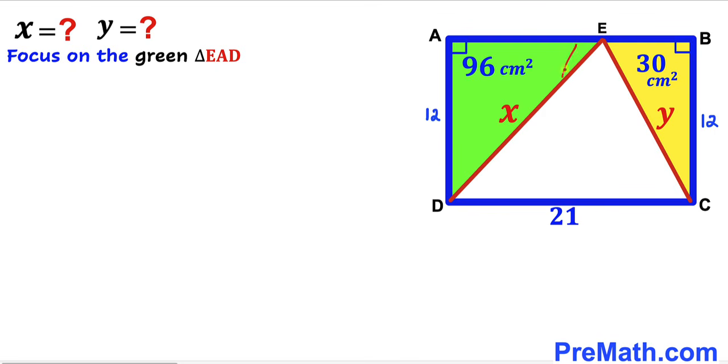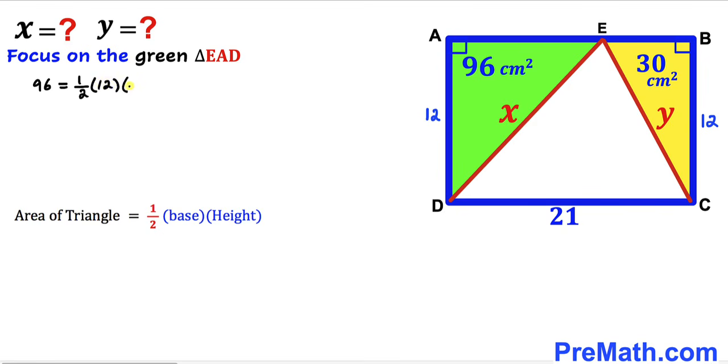Let's focus on this right triangle, the green triangle EAD, and calculate the side length AE. Let's recall once again the area of a triangle formula: area equals half times base times height. In our case, the base is 12, the height is AE, and the area of this green triangle is 96. So we can write 96 equals a half times 12 times AE.